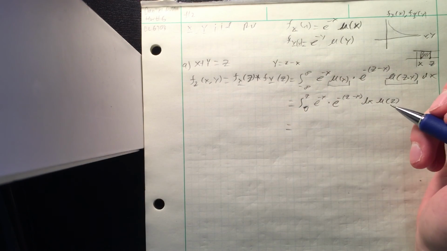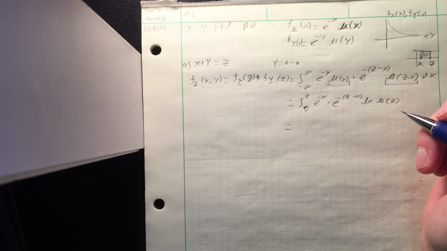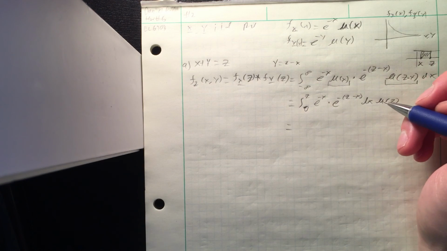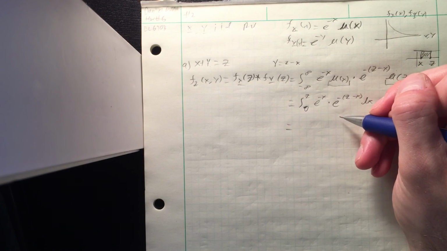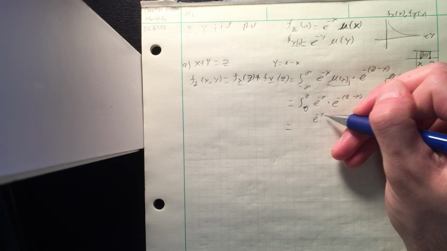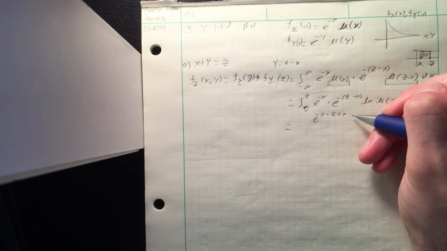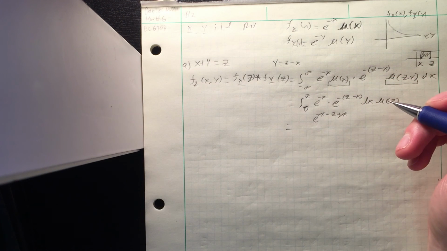So now we can integrate, but we can actually simplify a little bit as well. This is going to be e to the negative x minus z plus x. Sorry, I'm going to cancel out there.